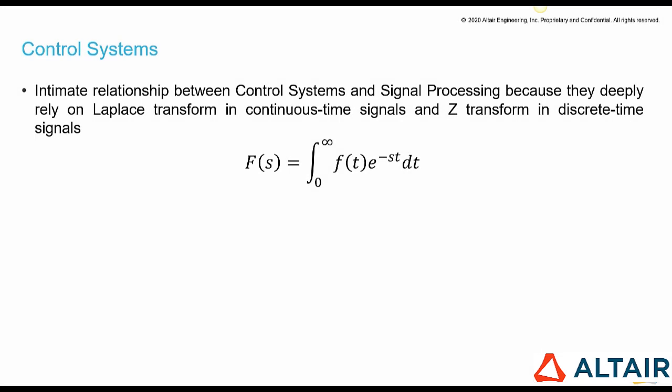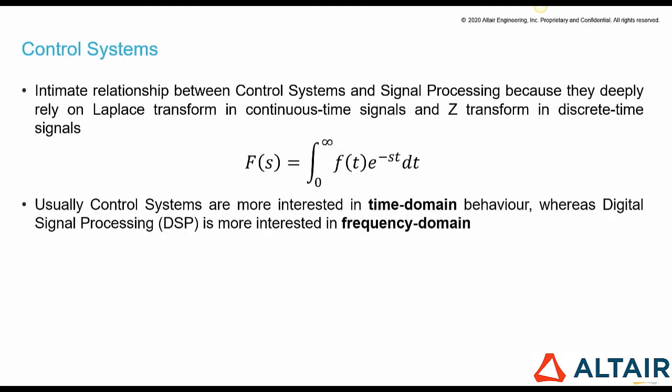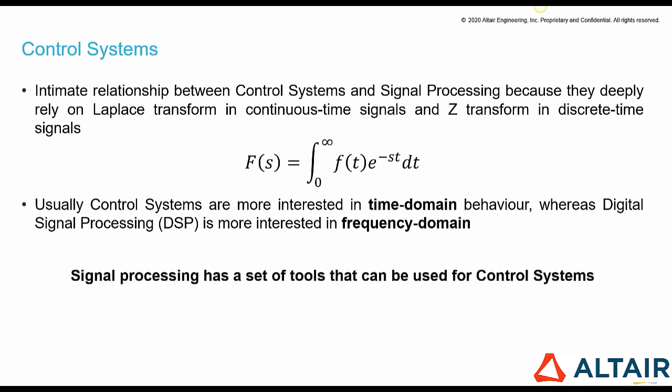And usually, control systems are more interested in time domain behavior, whereas digital signal processing is more interested in frequency domain. But both are part of the same mathematical formulation, like I just explained. And the bottom line is that signal processing has a set of tools that can be used for control systems, such as filters.